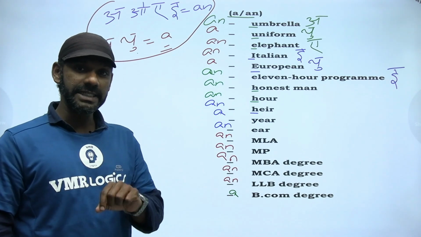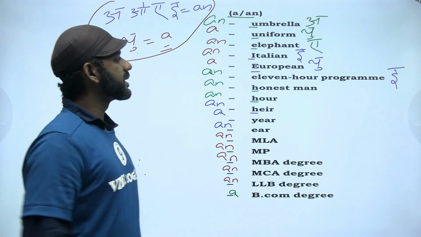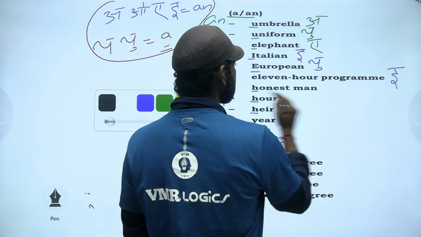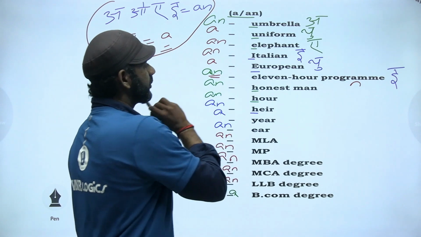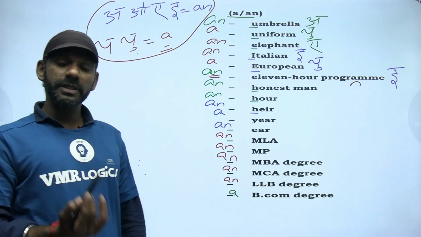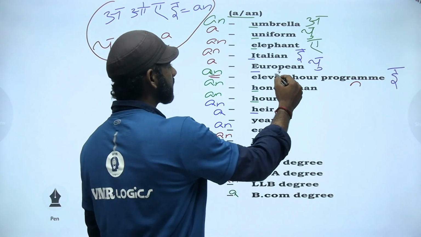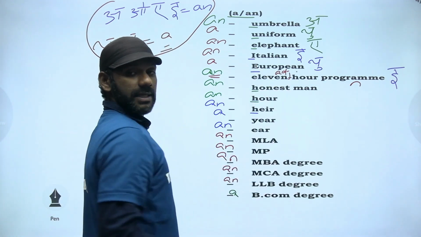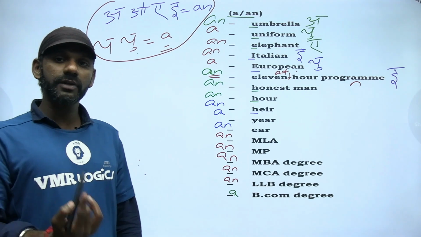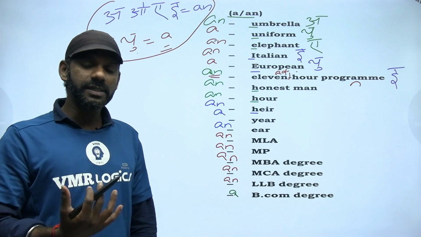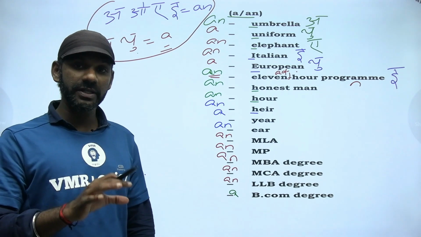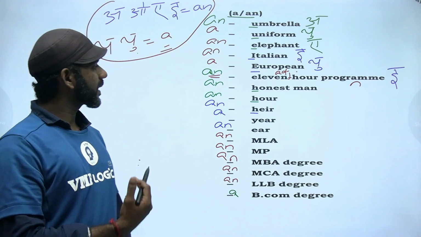We have gone through this one in detail. Program is a noun here because of the article an. If program is a noun, what must be the part of speech of 11-hour? Adjective. An adjective cannot be used in the plural form. So, an 11 hours program is wrong. It must be an 11-hour program. Next one.